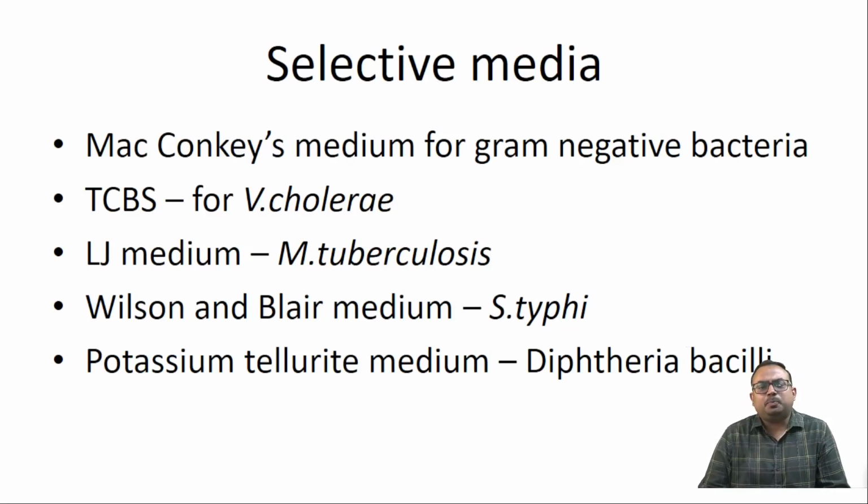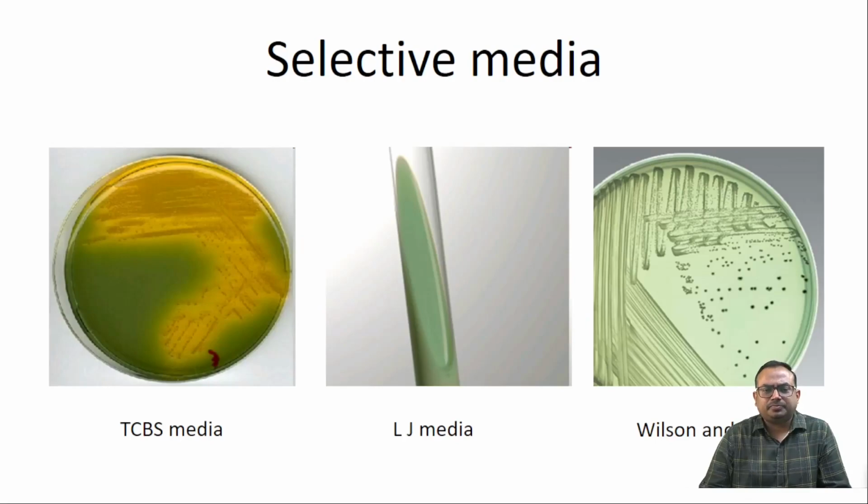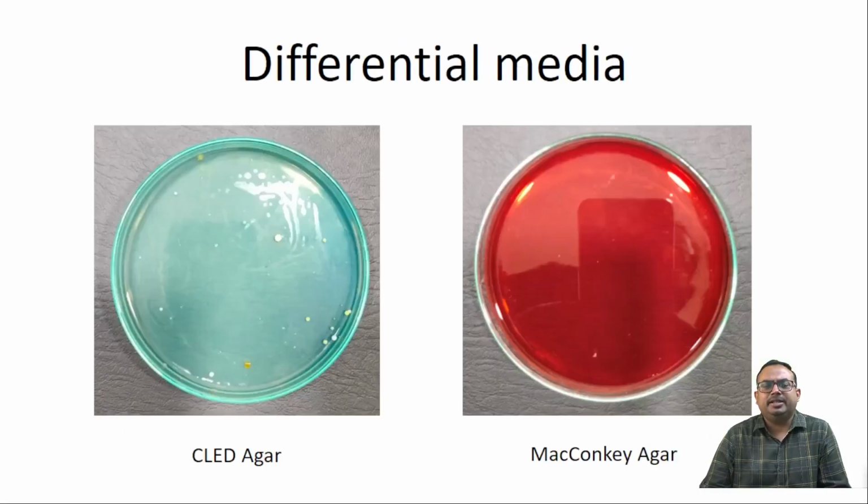A similar example is potassium tellurite media, where diphtheria bacilli are selectively grown over other normal commensal microorganisms. So here in this slide you can easily make out TCBS on the left side, LJ media in the center, and Wilson and Blair media; all three are selective culture media.